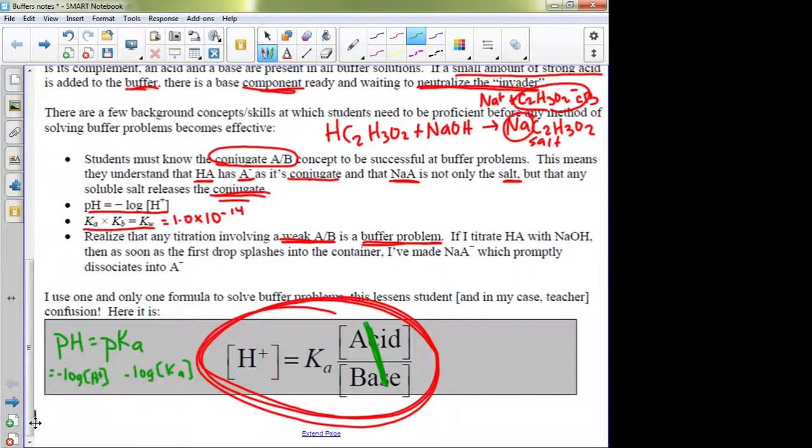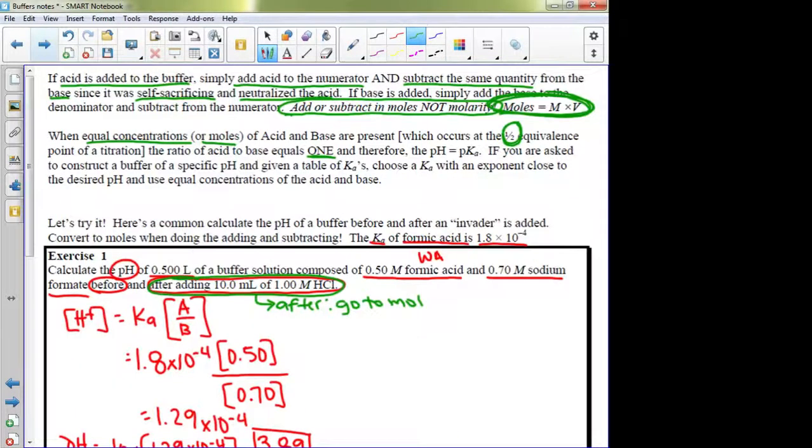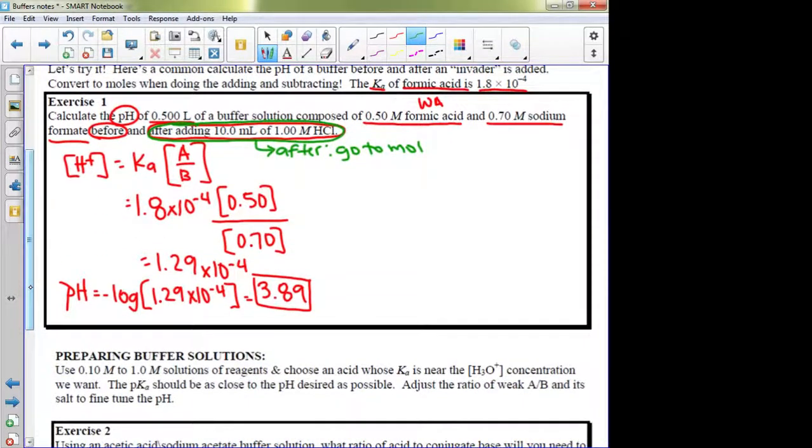I feel like I've lost some of you, but it's okay. So let's go to my after. We're going to moles. So now my concentration of hydrogen is still equal to my Ka, which is still 1.8 times 10 to the negative 4. I didn't change that. My acid over my base. Now remember, when we go to after, we've got to change my molarity to moles. How do I change molarity to moles?